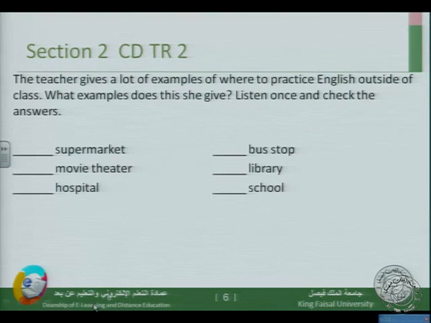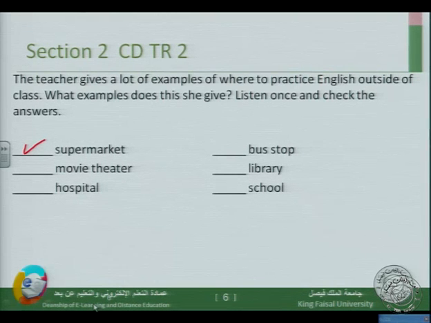Okay, so here she gives us a lot of examples where to practice our English. First of all, she gave us an example in the supermarket. You can just start a short conversation with someone in the supermarket, like asking him, oh man, today this price is high. The price of tomato is high.